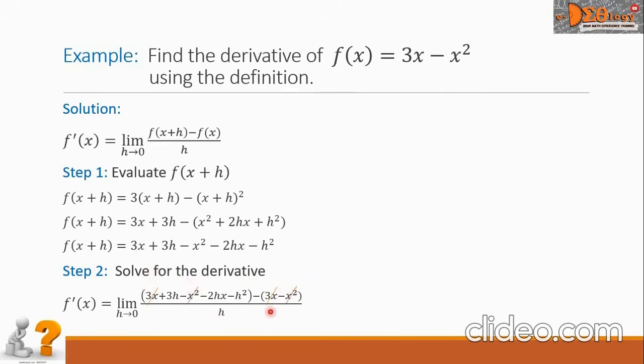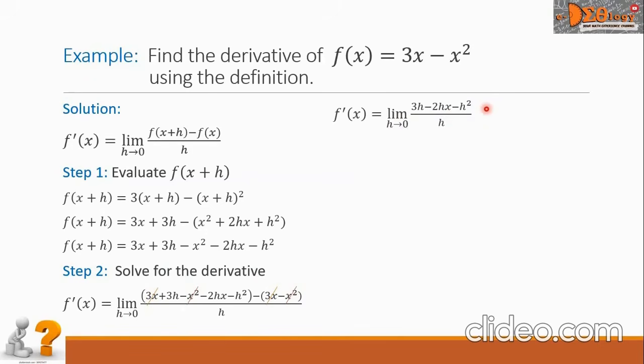Now let us rewrite our limit in simplified form. So we have f prime of x equals the limit of 3h minus 2hx minus h squared all over h as h approaches 0. Observe again that in our numerator there is a common factor, which is h.